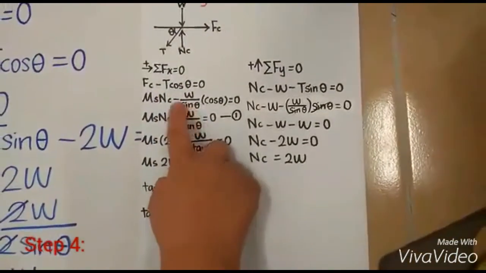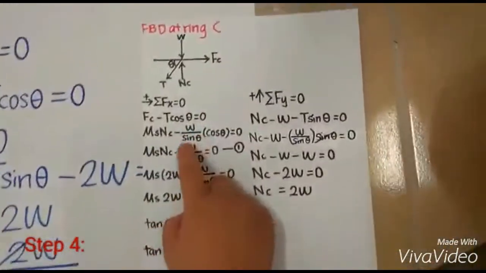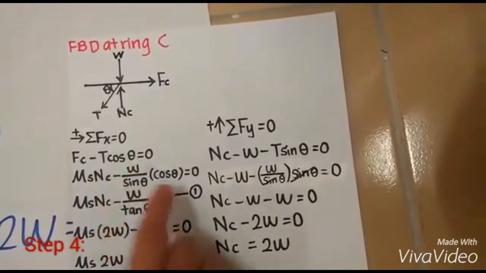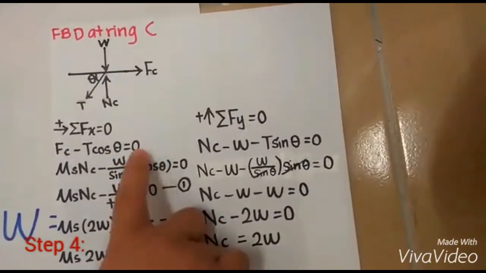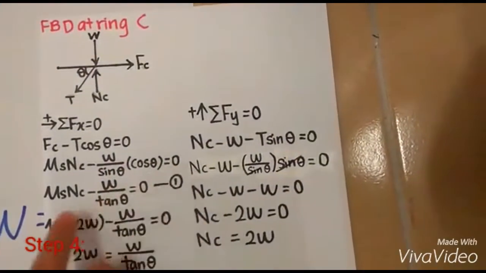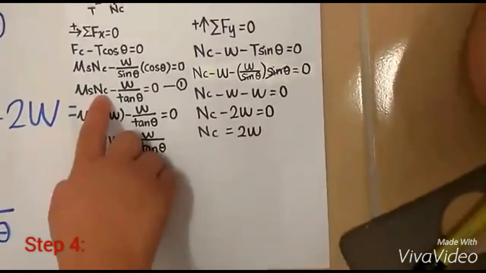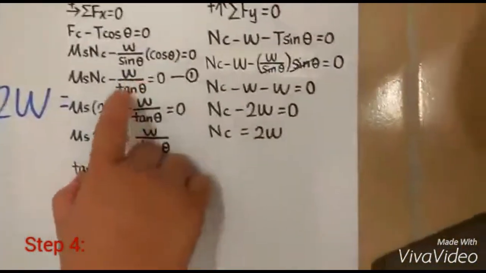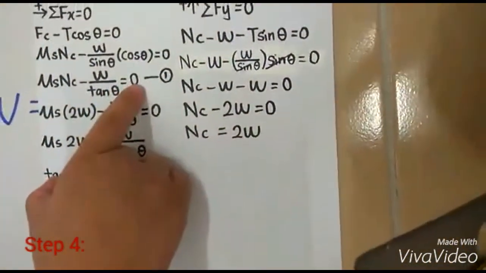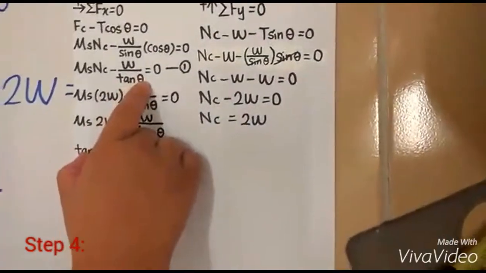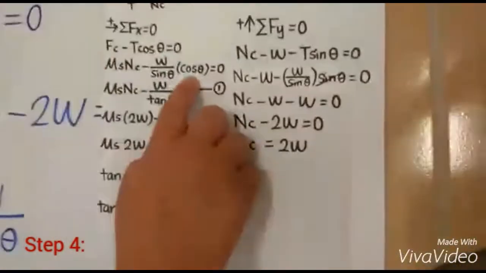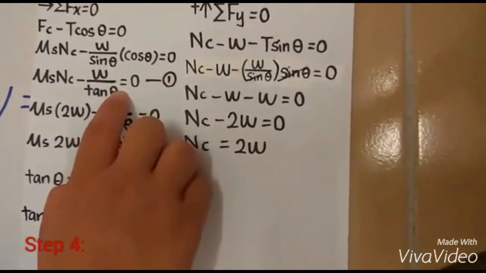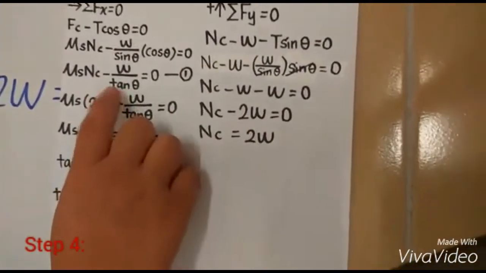So we get minus W divided by sine theta, and the one behind, cos theta, we just write cos theta, then equal to 0. Okay. Then mu S Nc minus W divided by tangent theta equal to 0. Why do I write tangent theta? This is because cos divided by sine is tangent theta. So we just write tangent theta.